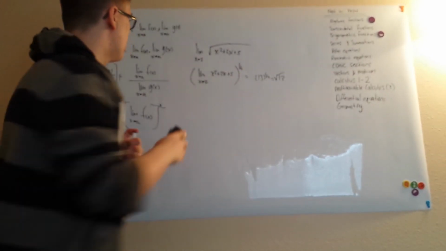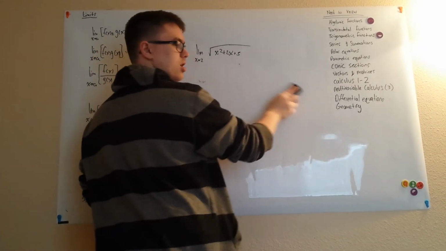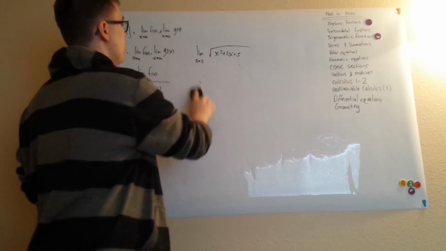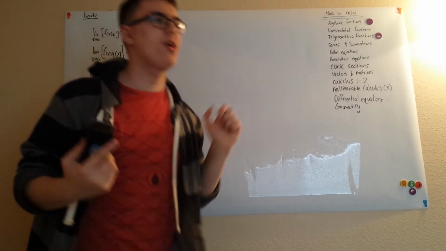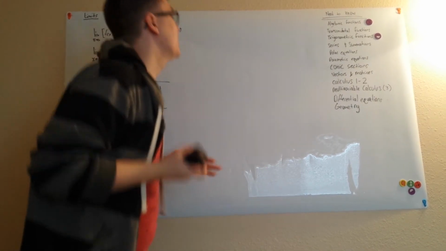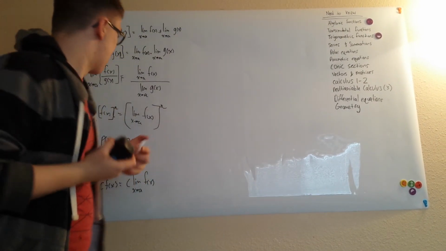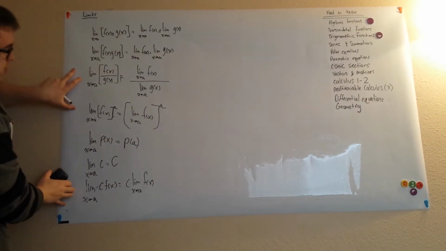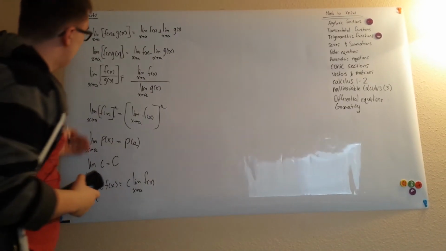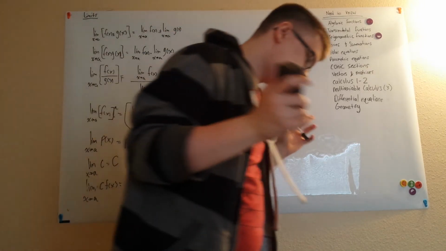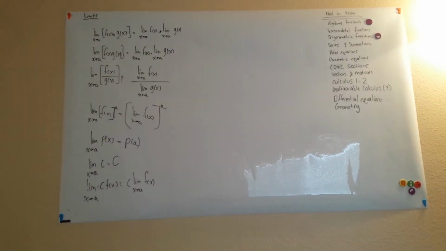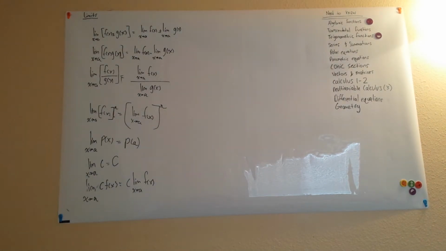And these rules show us that we can just plug any number in and get the limit out. So all these rules prove this one rule. All of these show us that we can just plug in our values.